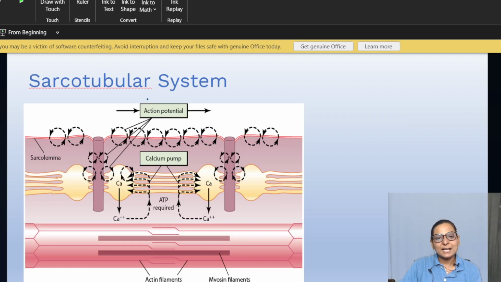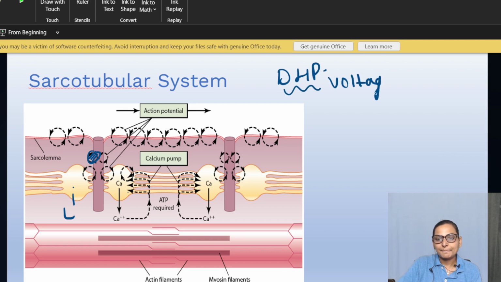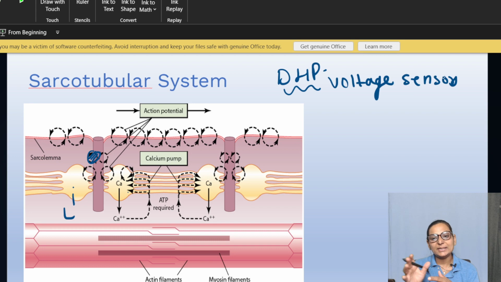If you look into the sarcotubular system of the skeletal muscle, you will see that there are long T tubules, and on either side of the T tubules you have got the L tubules. These T tubules have got DHP receptors which are voltage sensors. This terminology, voltage sensor, is used only in the skeletal muscles, not in the cardiac muscles.